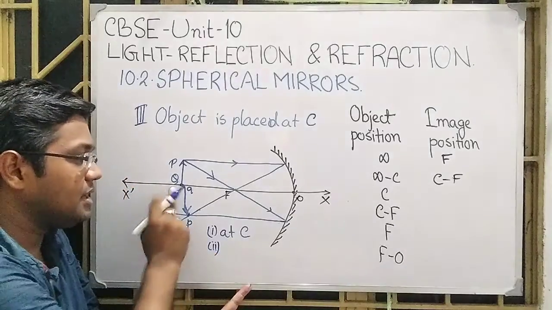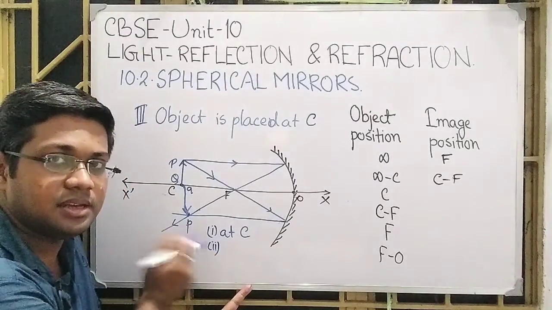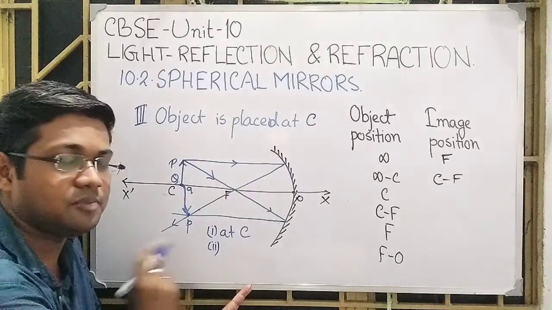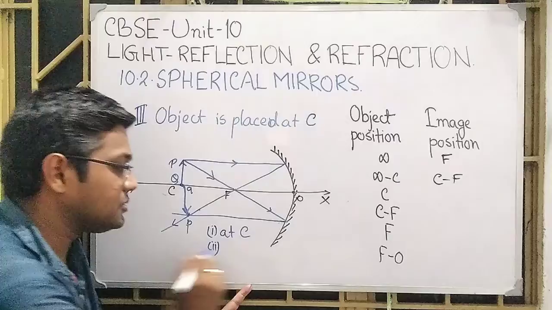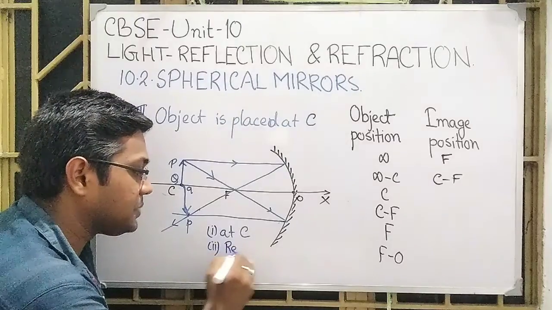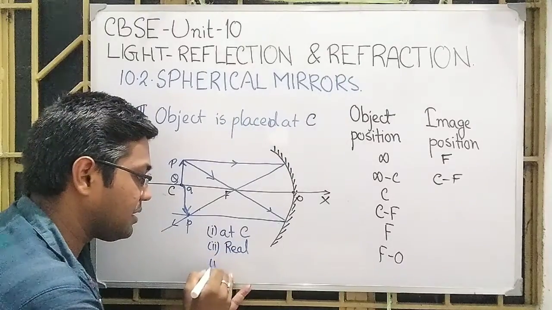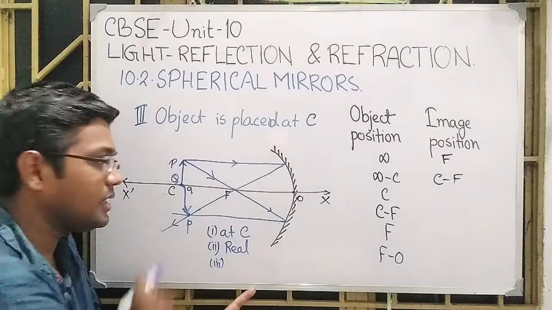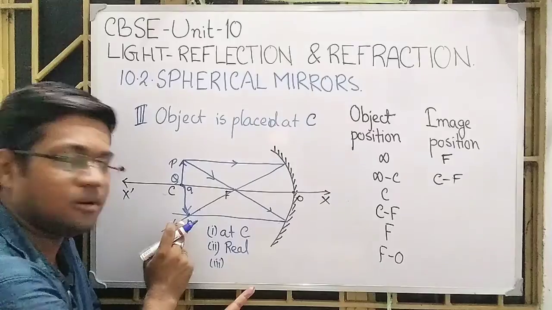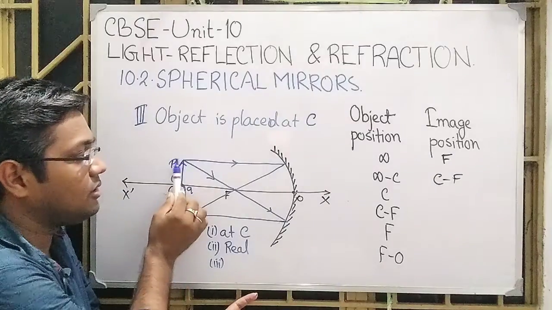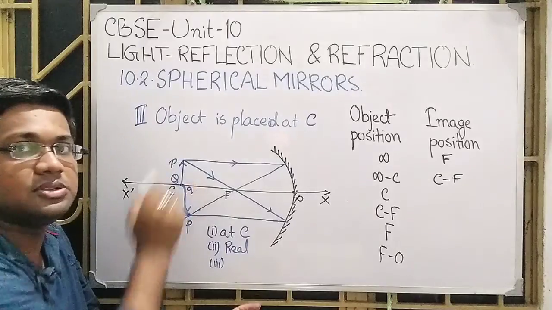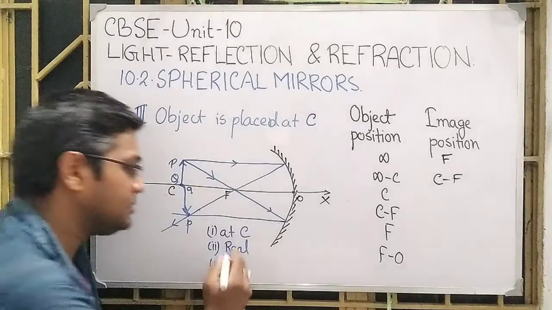Next, the image is real or virtual. Obviously it is formed after the intersection of the two reflected rays, so we can say it is real. Characteristic number 3, is it inverted? Obviously the object is on the upside and the image is on the downside, so it is inverted.